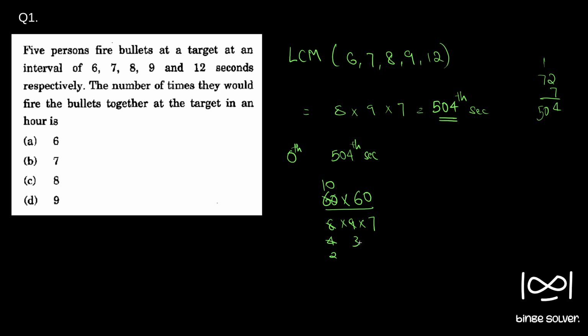Again 2 from here and 3 from here, again 10. So 5. So this becomes 50 by 7. So 7 into 7 is 49, so this becomes 7.1 something. So 7 times 504 seconds fit in 1 hour.